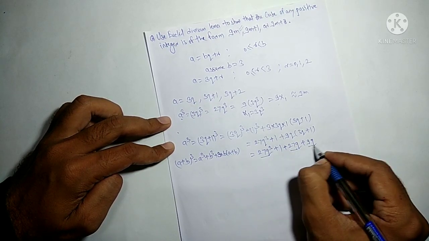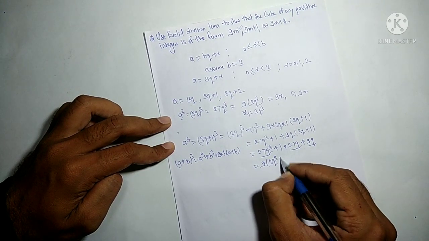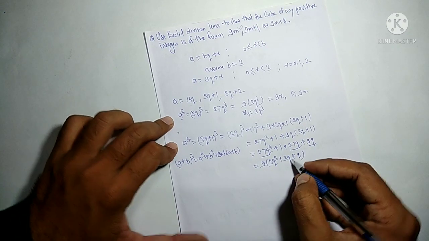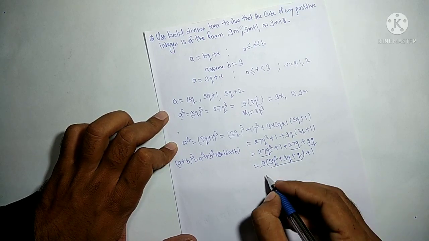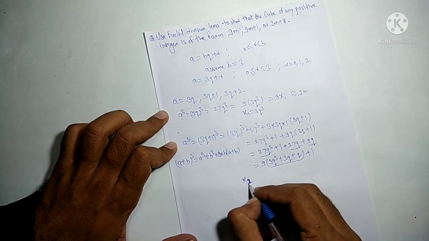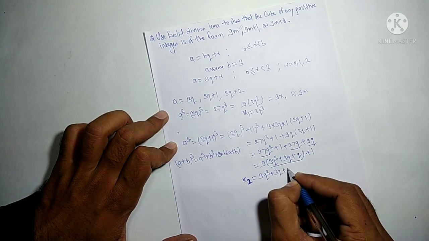These are 3 terms. We take out 9 from these 3 terms: 3q cube, q square and q, plus 1. This is an integer. We can assume it as x2.